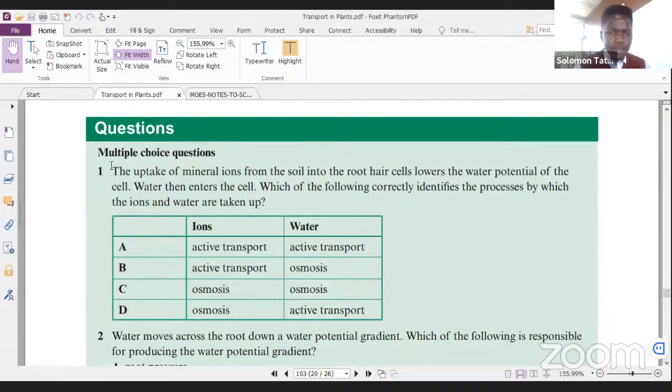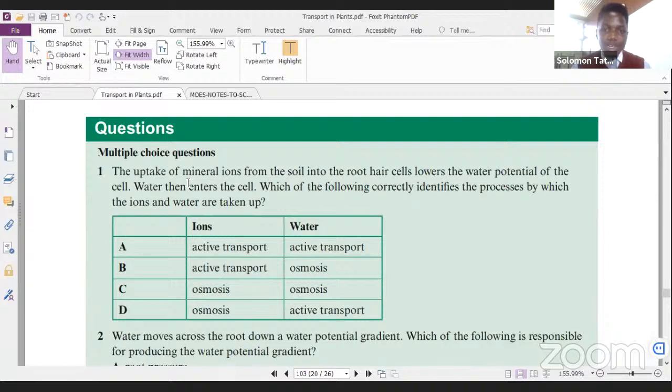So the first question is here. The uptake of mineral ions from the soil into the root hair cells lowers the water potential of the cell. Water then enters the cell. Which of the following correctly identifies the process by which the ions and the water are taken up?